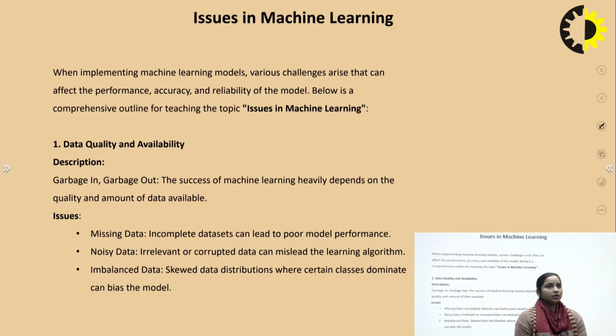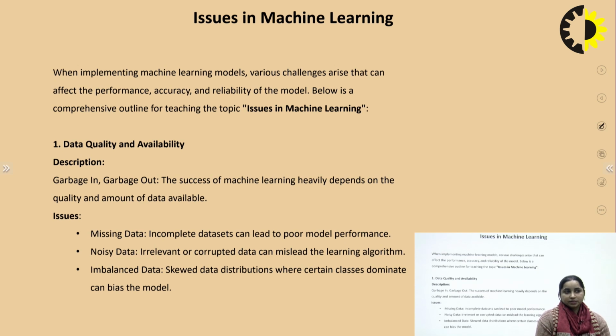So what are the issues in machine learning? When we are implementing machine learning models, various challenges arise that can affect the performance, accuracy and reliability of the model. So we can say that there are issues in machine learning, like data quality and availability.